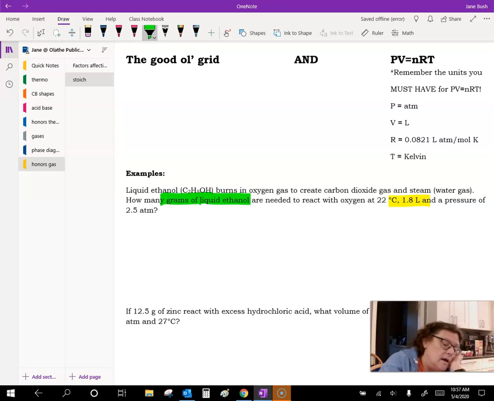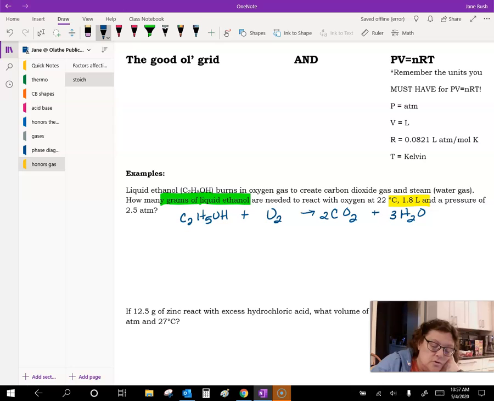Can't solve this without a chemical formula, so we first need to do combustion of ethanol, which means it's reacted with oxygen. Combustion is always carbon dioxide plus water. We need 3 times 2 is 6. There's 6 hydrogens. We need a 2 here. 2 times 2 is 4 oxygens plus 3 oxygens. That adds up to 7. We have 1 oxygen here, so we need 3 there.